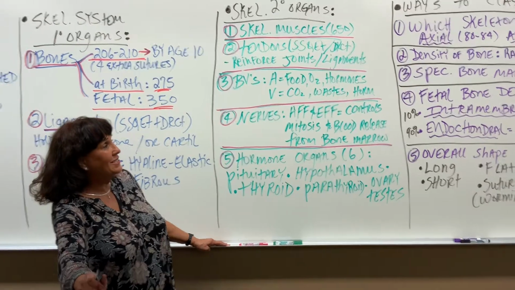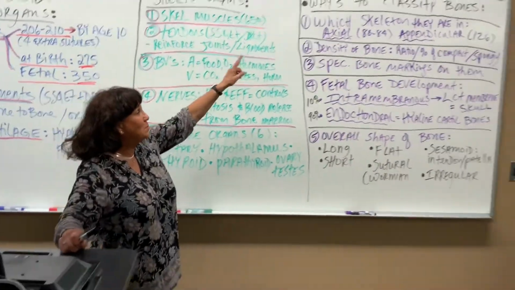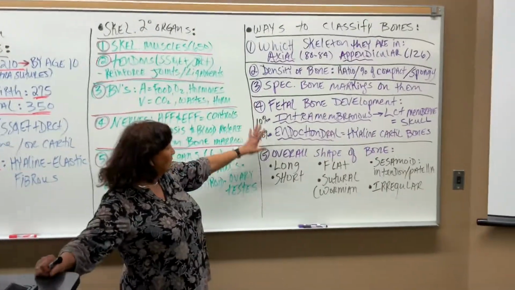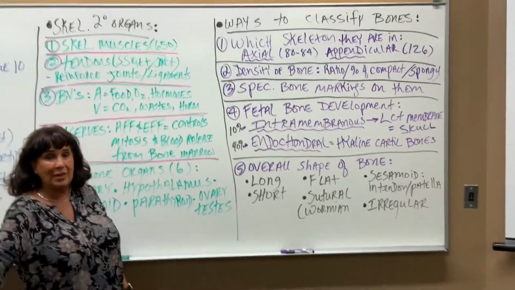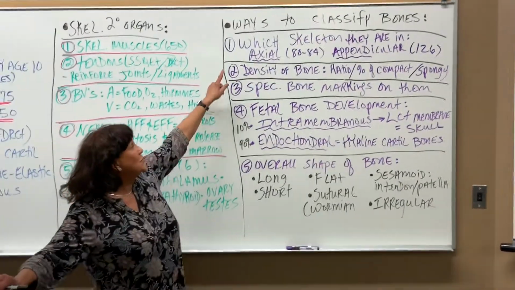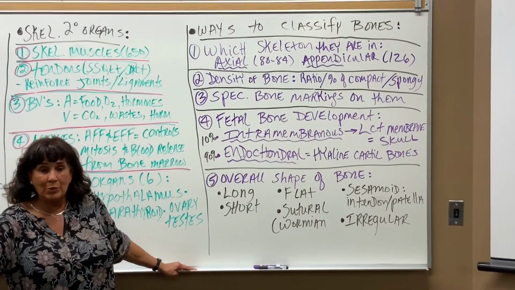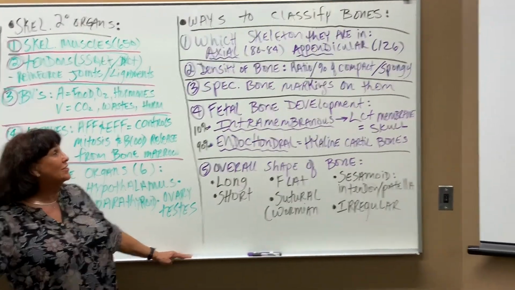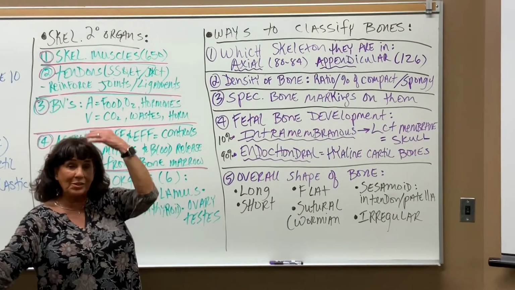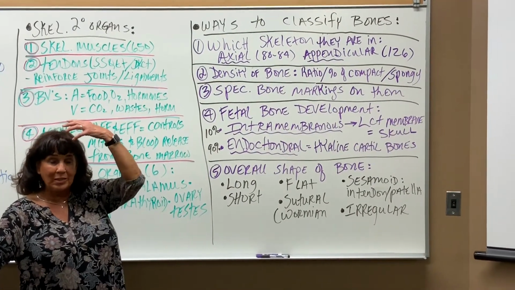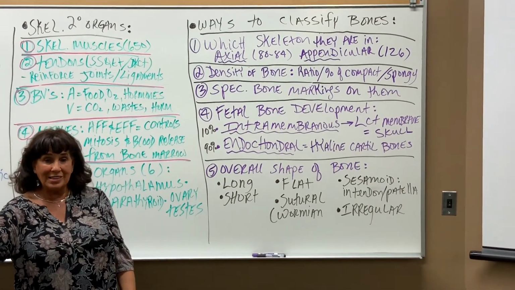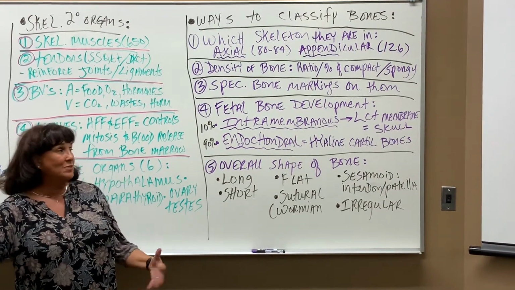And then the last thing, the ways to classify bones. Well, we've got 5 ways we can use to classify all bones. The first one is, in which skeleton do you find the bone? The axial skeleton is the main frame. It goes from your head, your cranium, all the way down through your coccyx, the last vertebrae.